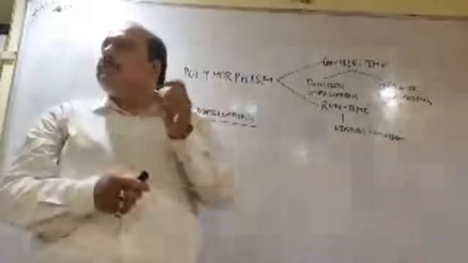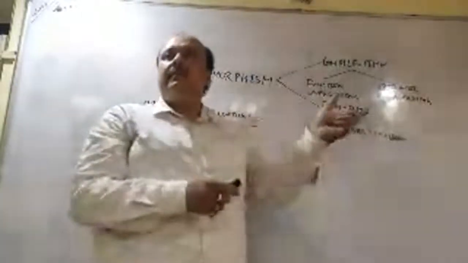We are using the same name in different places or different locations. That means that name may be part of the program in different manners. In function overloading, we already discussed, if we have a function name, it is used differently on the basis of the number of arguments and data type.